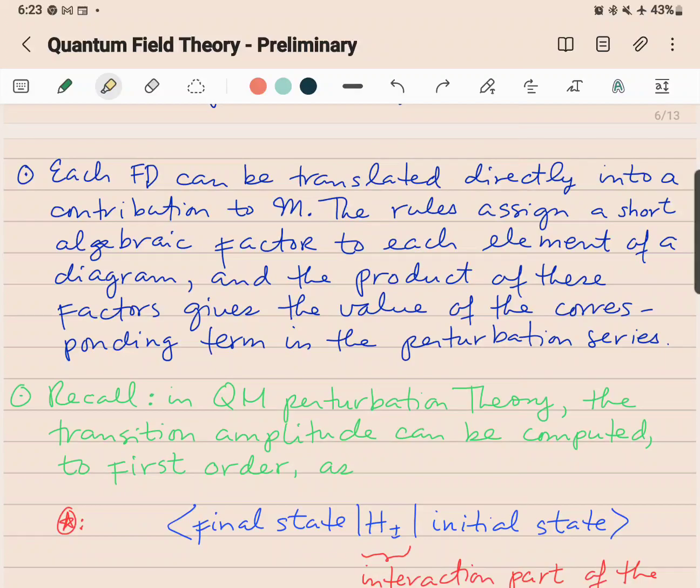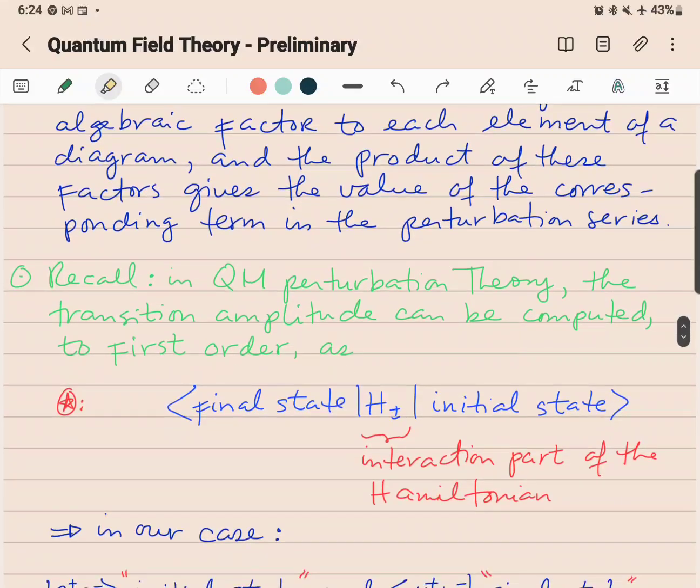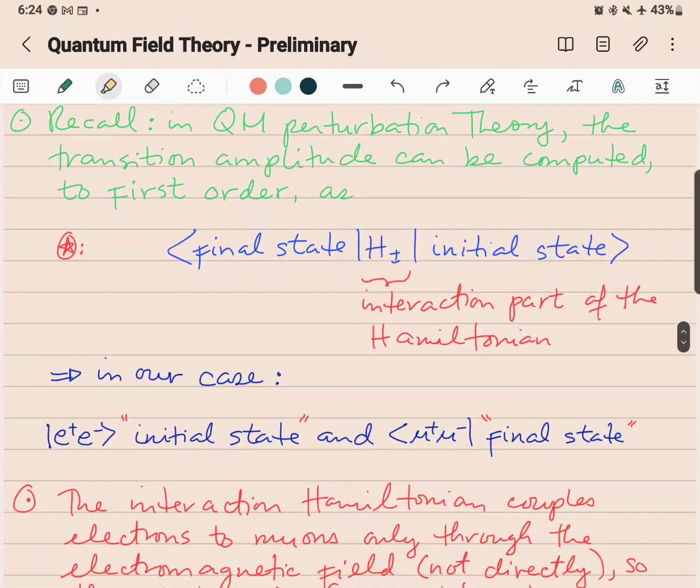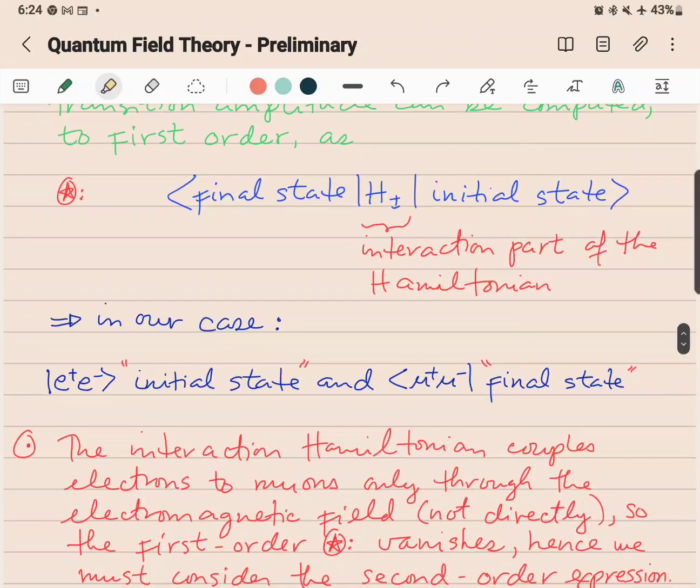Recall, in QM perturbation theory, the transition amplitude can be computed for the first order as this one here. The H_I there is the interaction part of the Hamiltonian. And in our case, we have the initial state e-plus e-minus, and the final state mu-plus mu-minus. We will learn how to use this notation in a while.